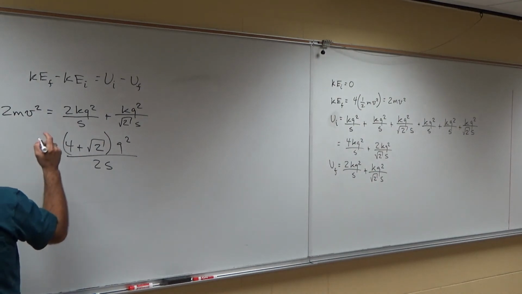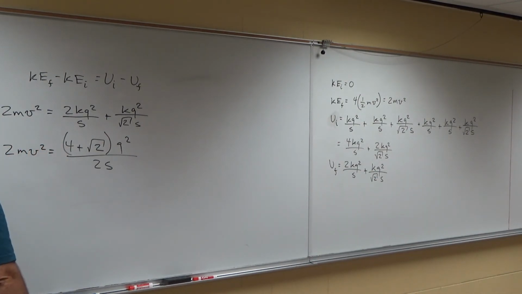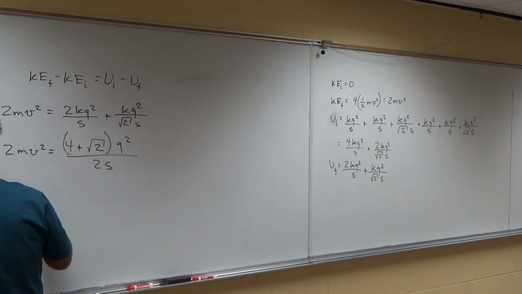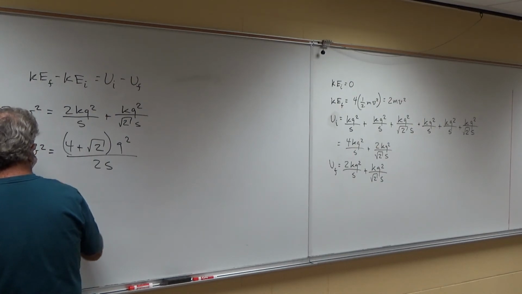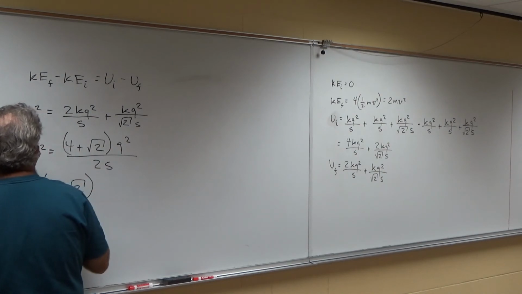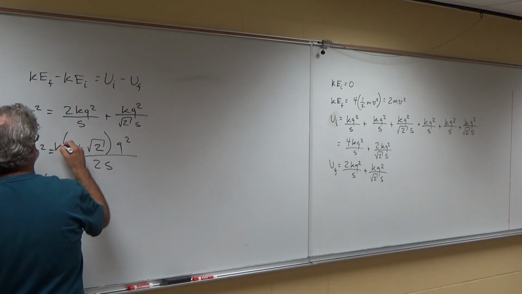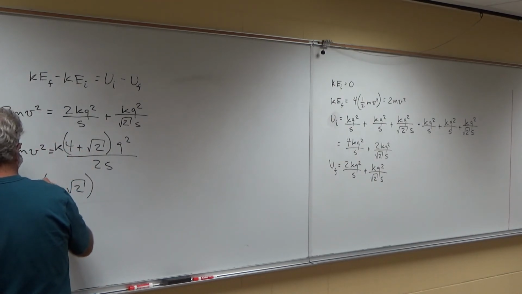And that is 2mv squared. So v squared is equal to 4 plus the square root of 2. Oh, shoot. I left out the k. Oh, whew, that scared me. There's a k in there.